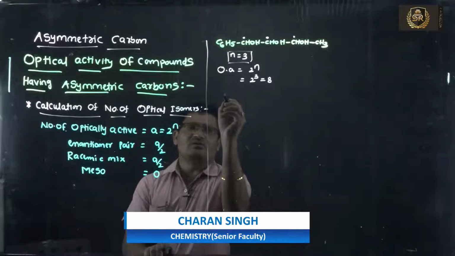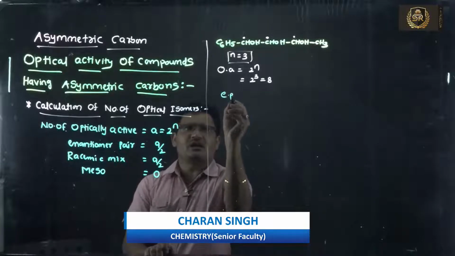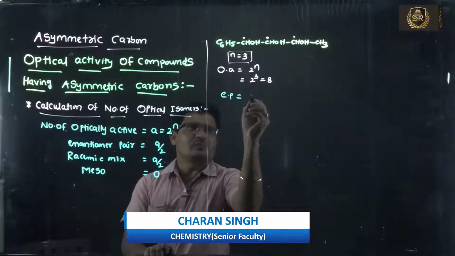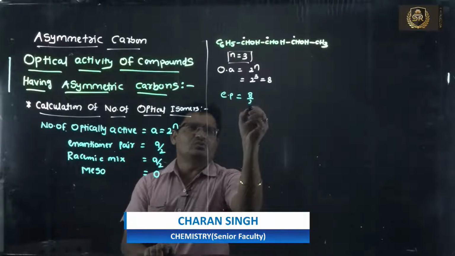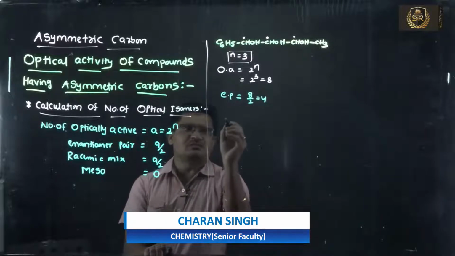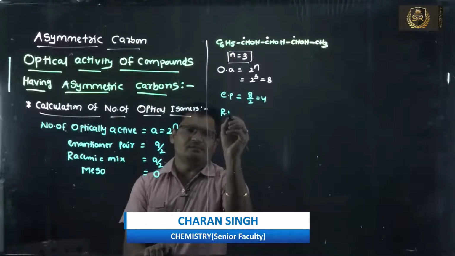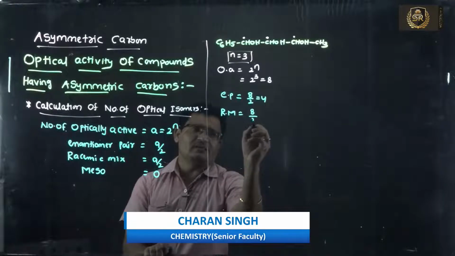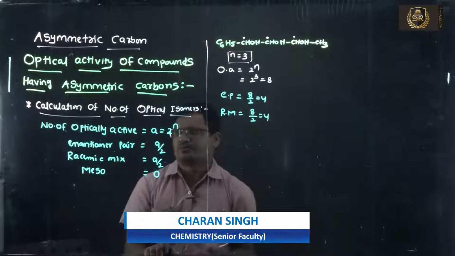Enantiomer pair, EP stands for enantiomer pair. A equals 8, so the enantiomer pair is 8 by 2, which is 4. Next, racemic mixture, I am writing RM. It is also A by 2, that is 8 by 2, which is 4.